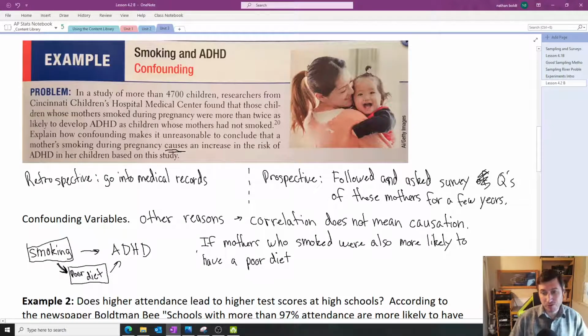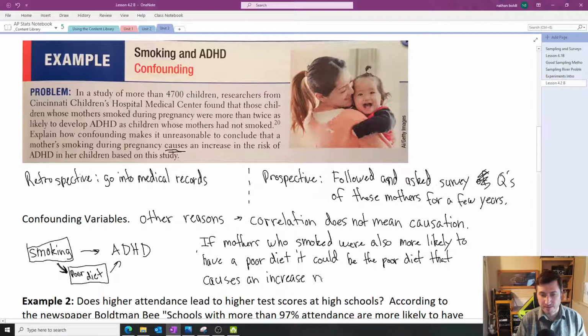If the ones who smoked were also more likely to have a poor diet, it could be the poor diet that causes an increased risk of ADHD. And so there, I connected it now to my response variable.